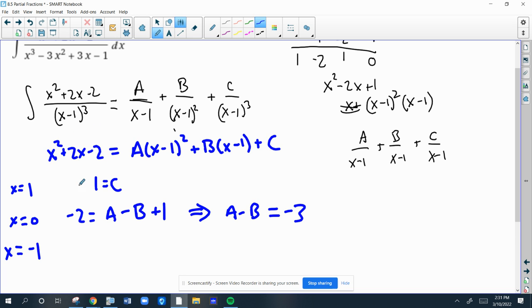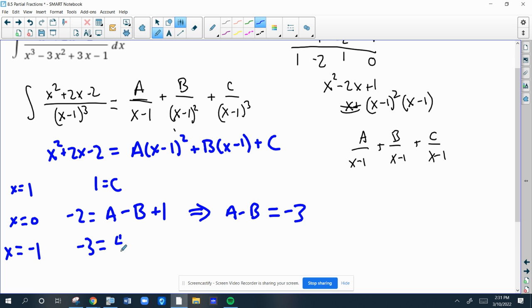When you plug negative 1 in here, you're going to get positive 1 minus 2, which is negative 1, minus 3, which is negative 3. I'm just going to double check that. Negative 1 minus 2 is negative 3. Yes. When you plug this into the a term, you get negative 1 minus 1, which is negative 2 squared, which is 4.